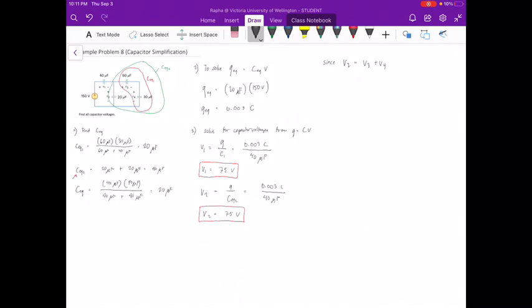As you can see in the diagram, the voltages V3 and V4 are immediately in parallel with V2. The first CEQ1 will have V2 across it.